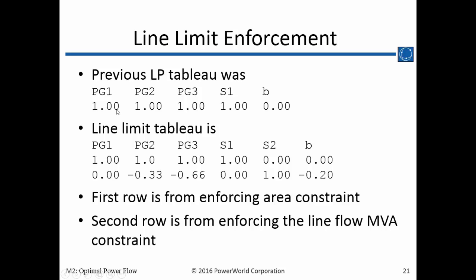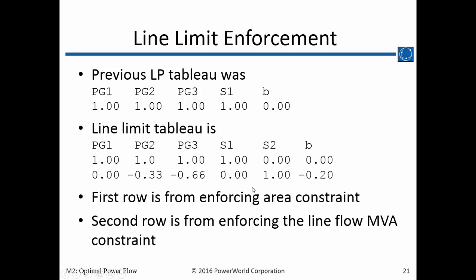If we ignore the transmission constraint, we just simply get the area constraints, and this is a variable associated with the power output of generator 1, generator 2, and generator 3 respectively. And there's a sensitivity of 1 with respect to just meeting the power balance in the area, meaning if you need 1 more megawatt anywhere in the area, you can get 1 more megawatt out of any of the generators. The sensitivities are all the same.